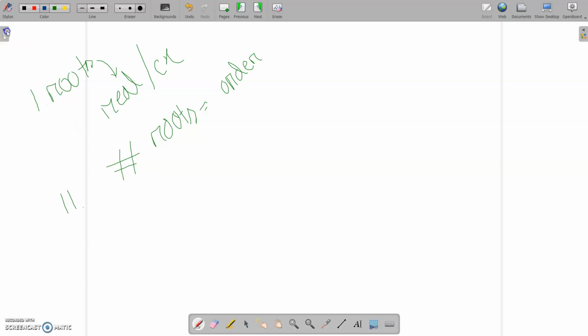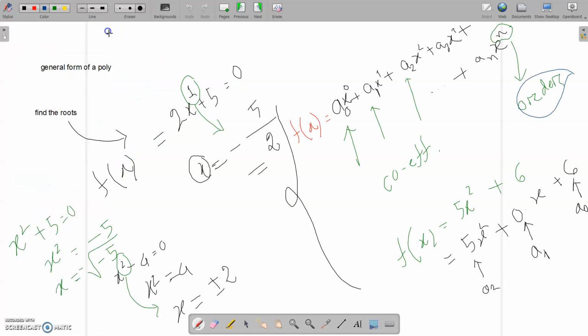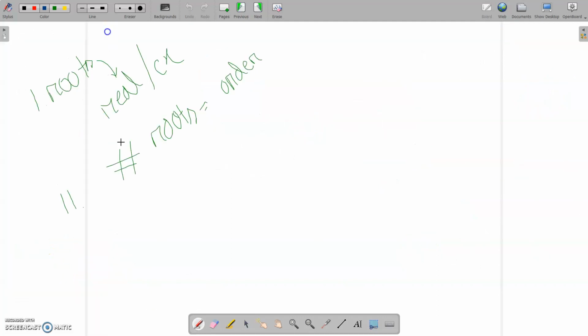Now, as you can see, when I had this one root, this first order, I had one real root. So if n is odd, if the order is odd like 1, 3 or 5, what can you decide?